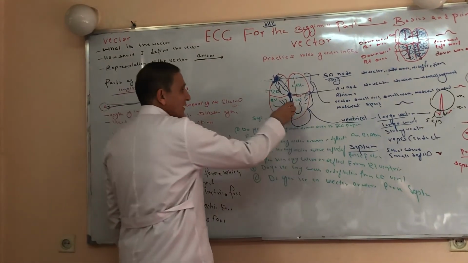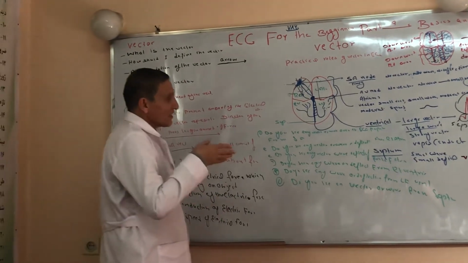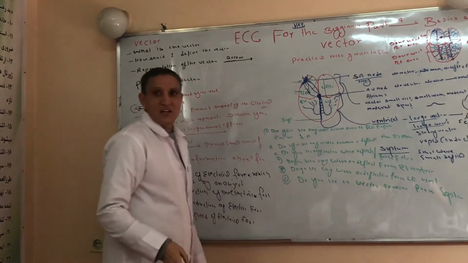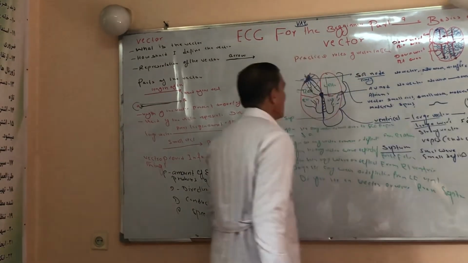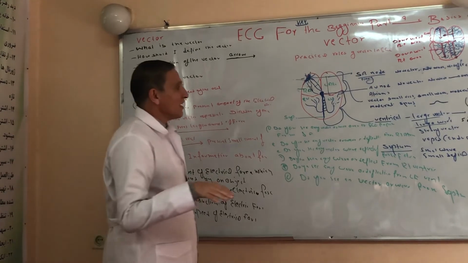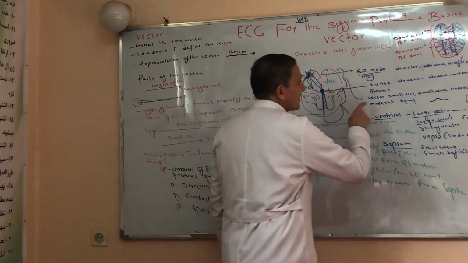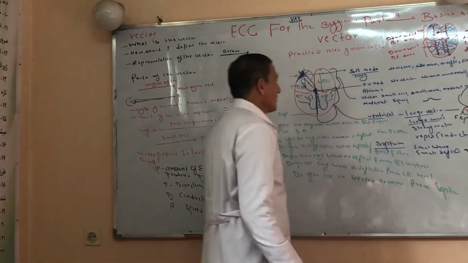But the left ventricle is thicker than the right ventricle, so they produce a single vector. A single vector moves toward the positive electrode. The deflection in the needle of the ECG machine would be positive. Atrial tissue also moves toward the positive electrode. The deflection in the needle of the ECG machine would be positive, which is called the P wave.